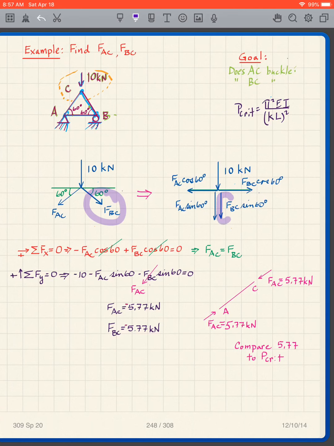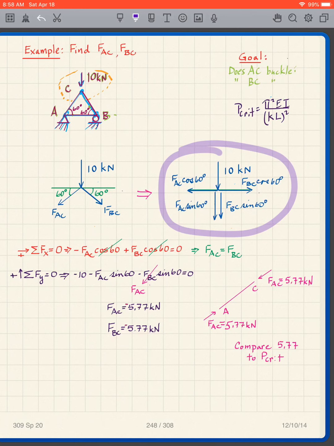So I have a downward and to the right. This one here is downward to the left. So I have downward to the left. So if you get those correct, then you can look at this free body diagram.